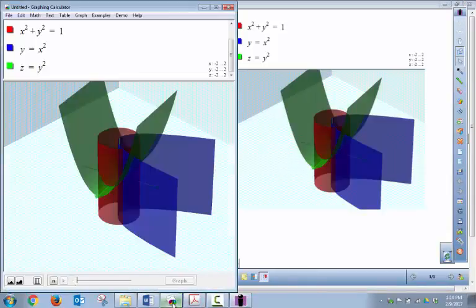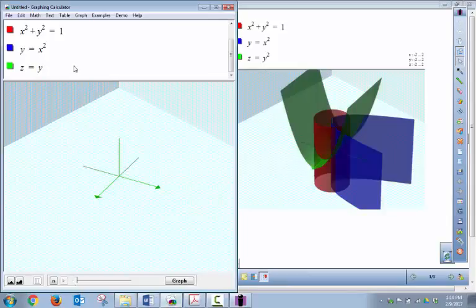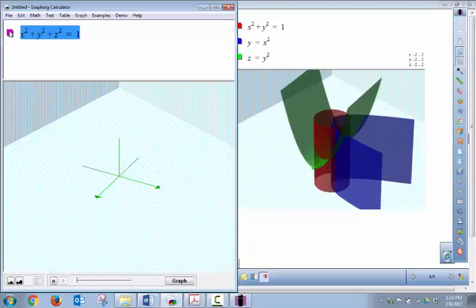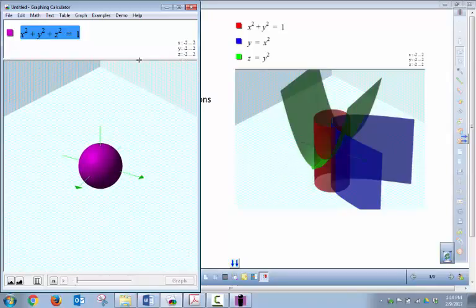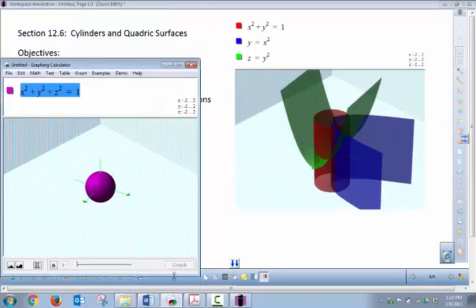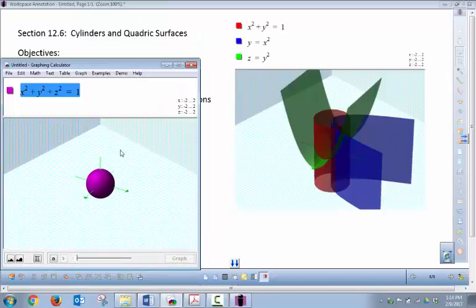Let's go back to my drawings. Yeah, my cool drawings. And this is our, I don't know if they consider this a quadric section, but it should probably be considered a quadric section. It's a sphere.